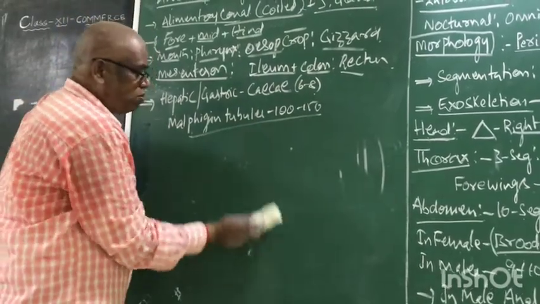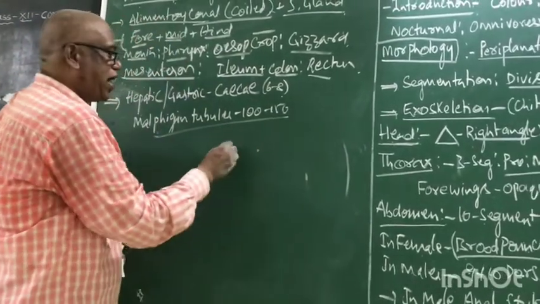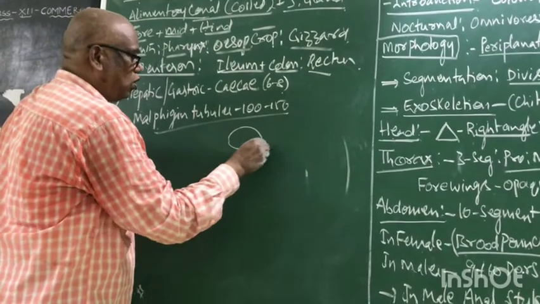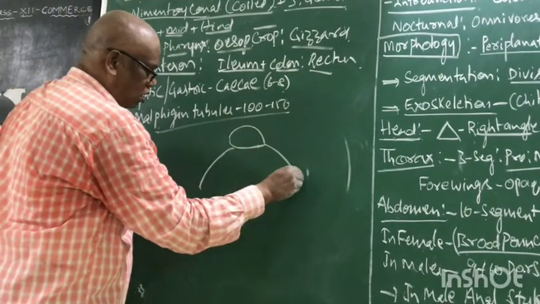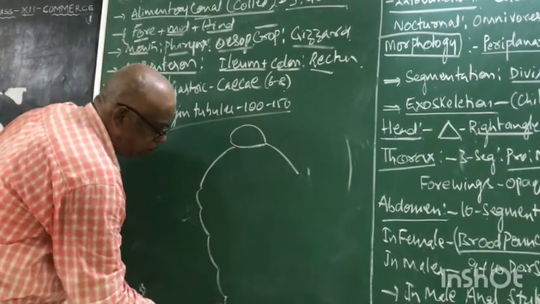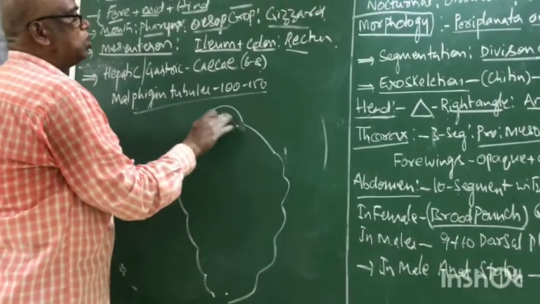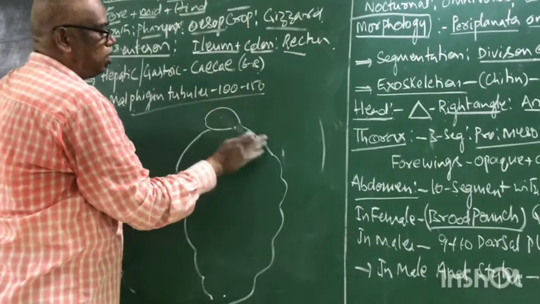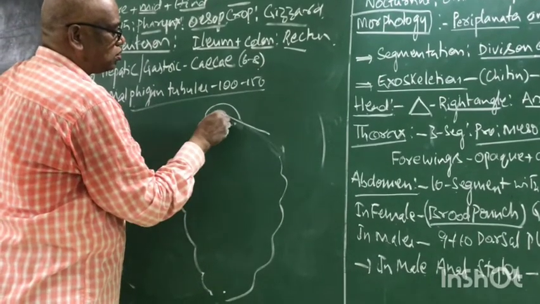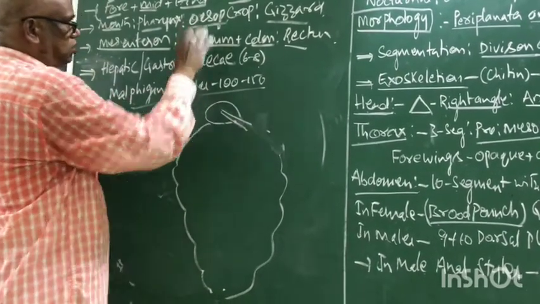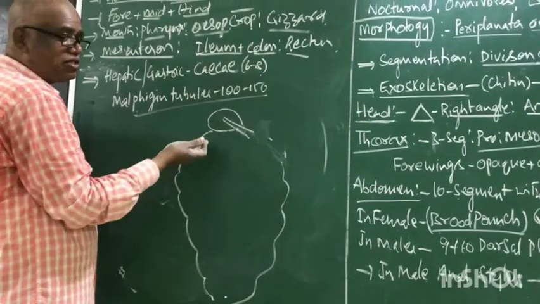Now you see the diagram. Now it is the head, the thorax, and the abdomen. Now see, it is the esophagus. Sir, where is the pharynx?